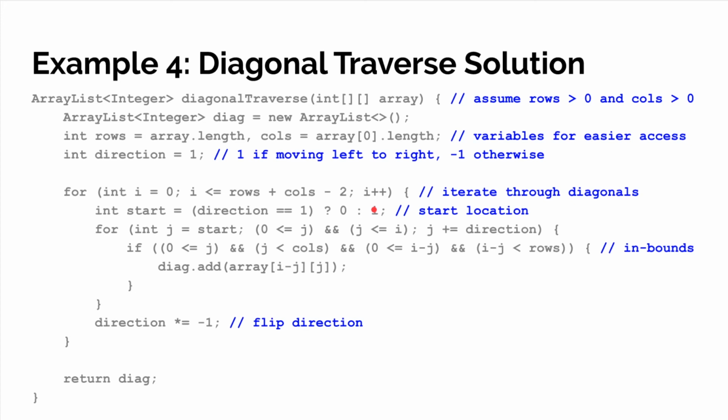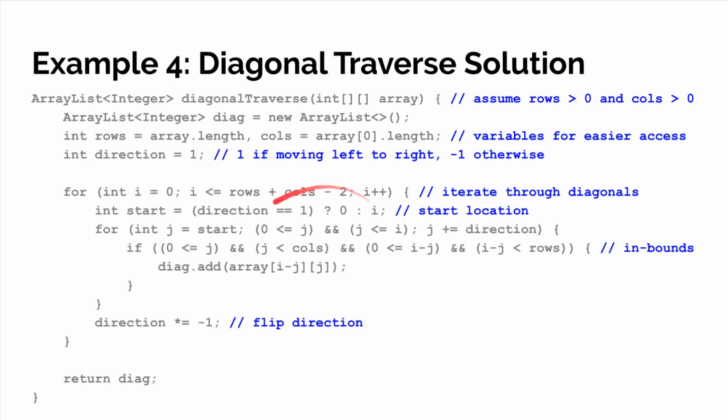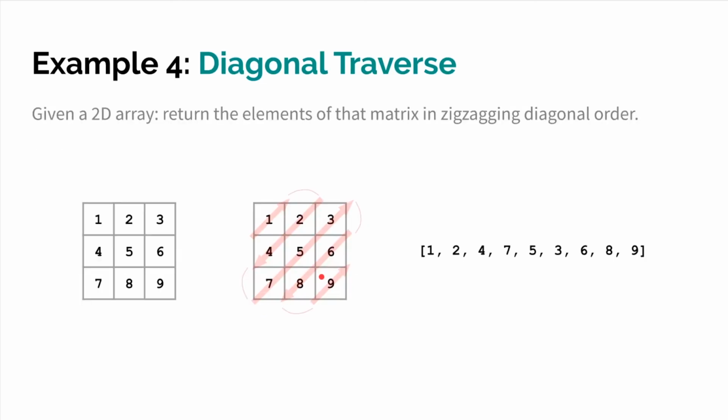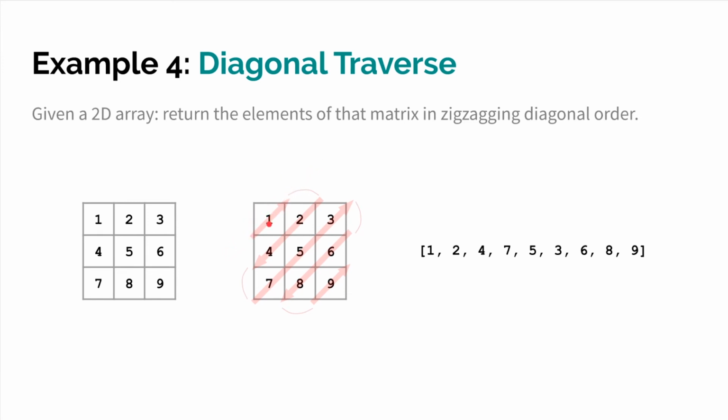So, to visualize this, we iterate from j equals start to the other way, and j here would be our column. If we're going in this direction, then we start at column 0. We start here and then move up. We start here and then move up.